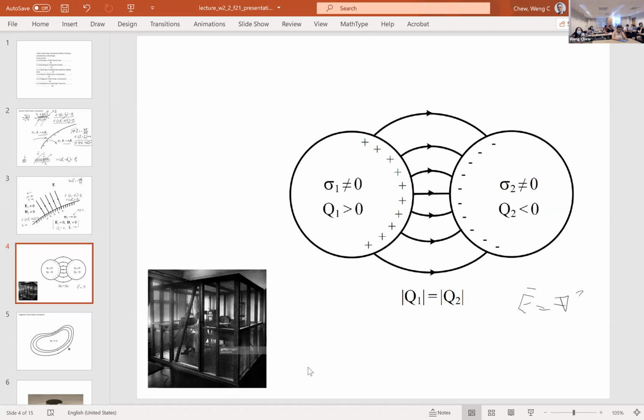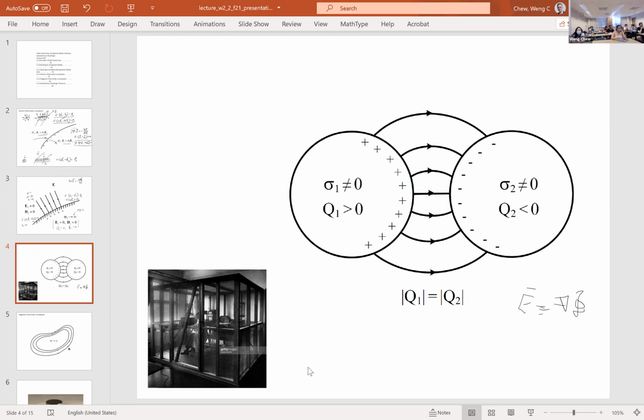we know this to be true. So if the electric field is zero inside, then phi must be a constant. Phi being a constant means that these two objects, they don't have to be circular. I drew them to be circular because they're easier to draw. They can be objects of any shape.